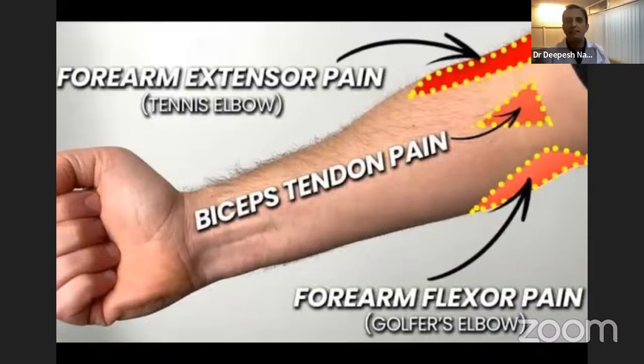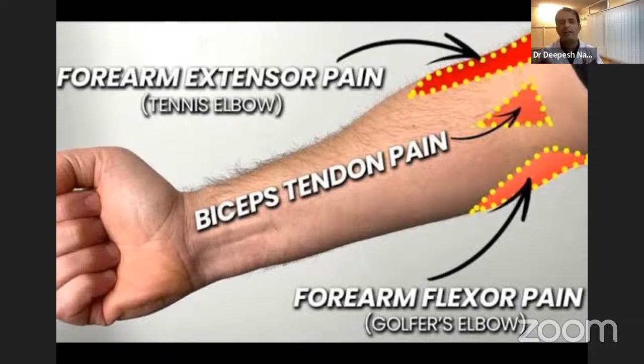Forearm extensor pain is tennis elbow. Next is golfer's elbow, and biceps tendon pain is in the center. We have divided mainly three major parts of the elbow pain. It is in the back area also and the front area also.